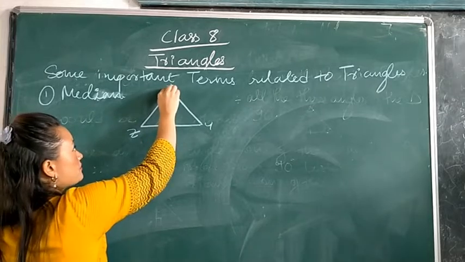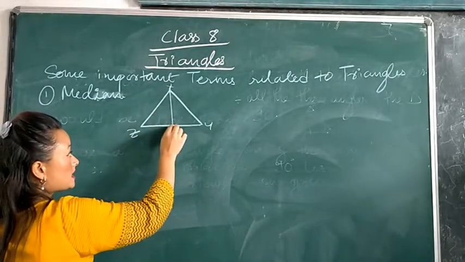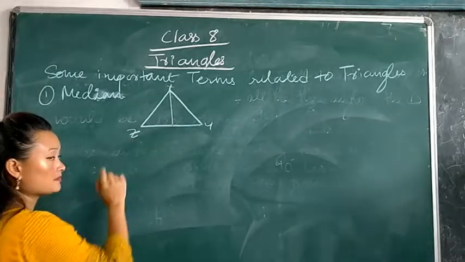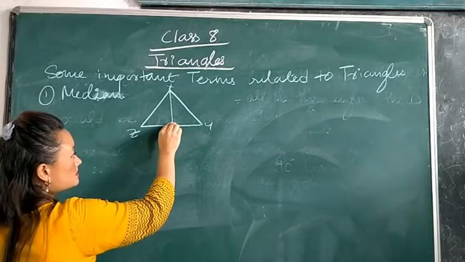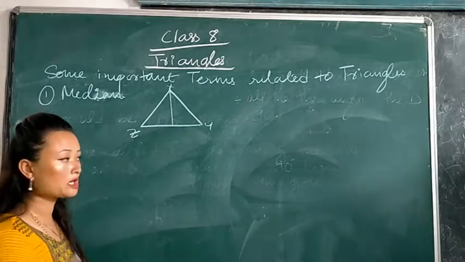Okay, so from the vertex X, we drew a line, and it touches the side Y and Z such that it divides ZY into two equal halves.